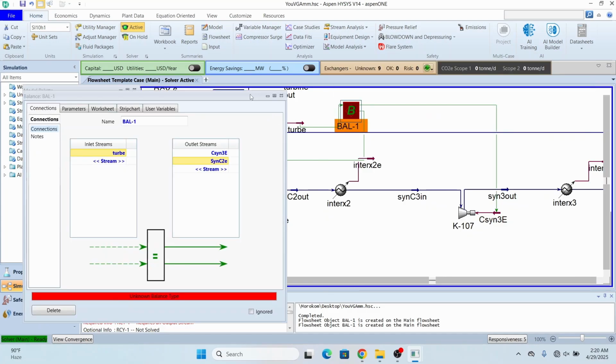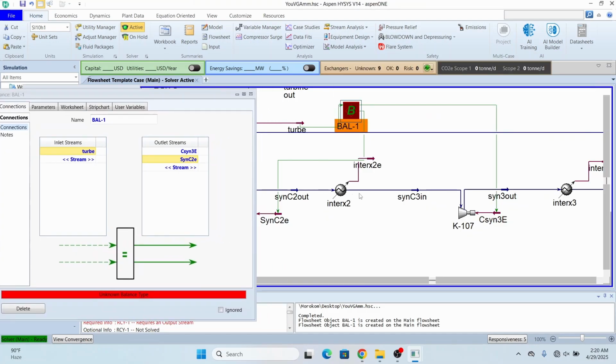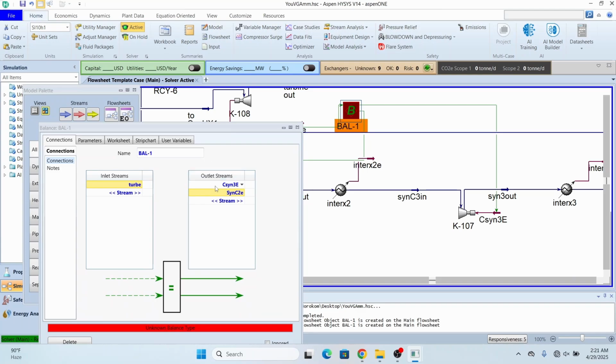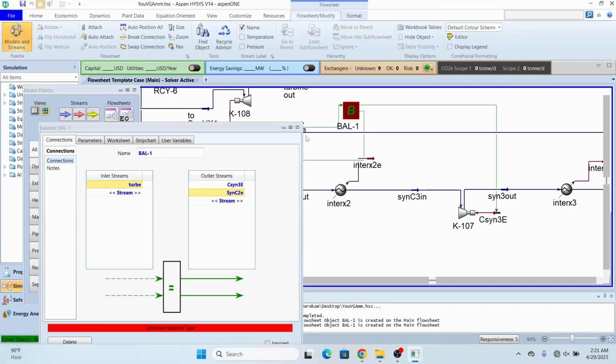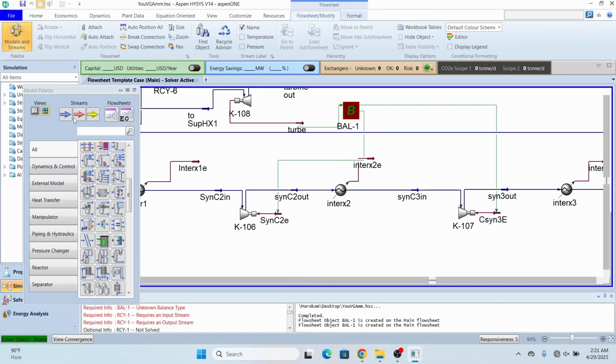So now you can see that the heat flow of that stream was 11,000, and the power requirement for these two compressors is around 10,200 kilowatts. So the excess will be considered as losses. For losses, we have to specify another stream, that is a heat stream, and we will specify it as losses.